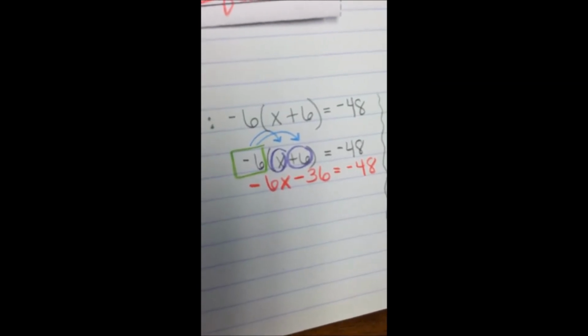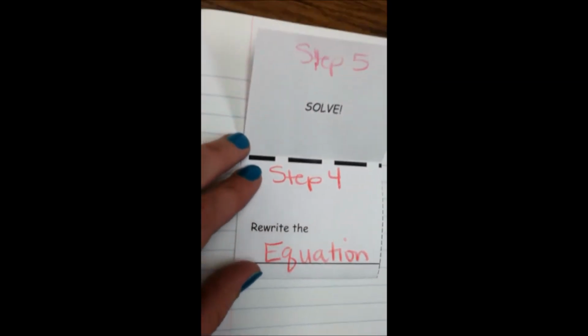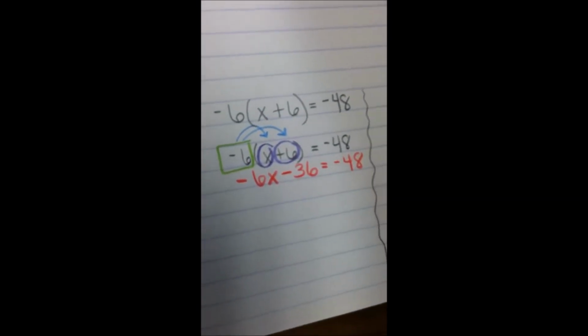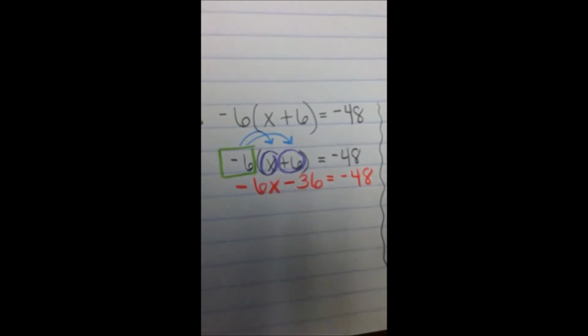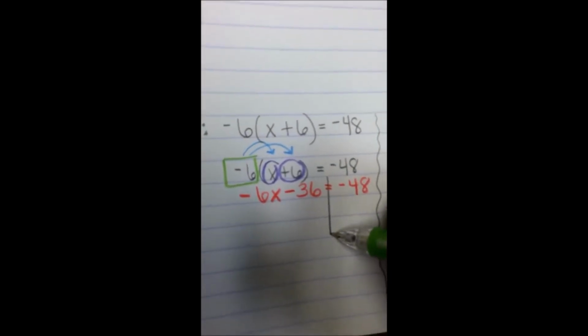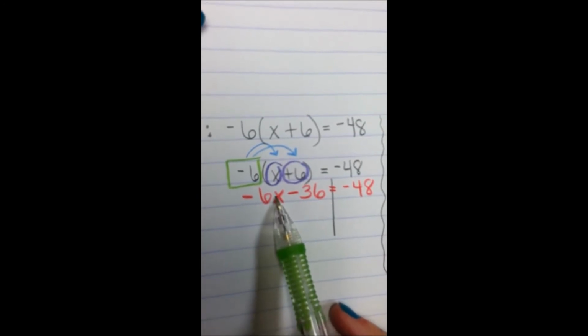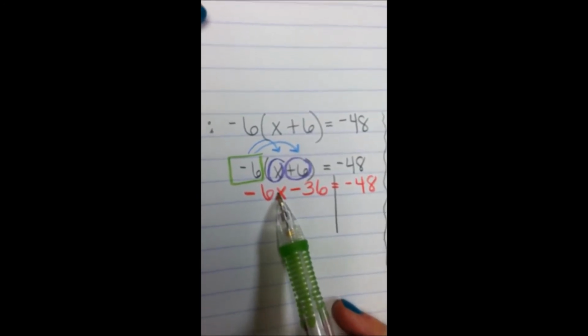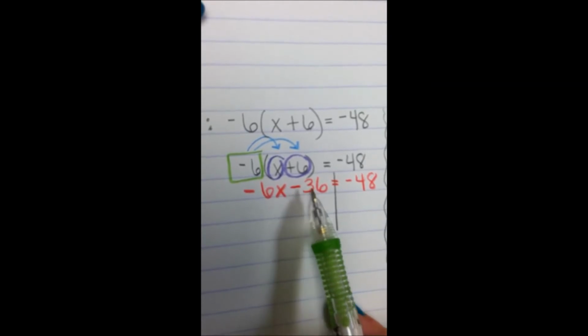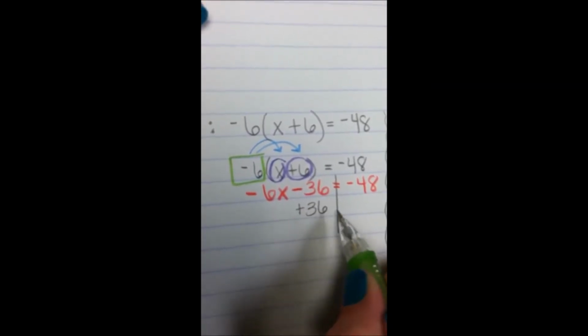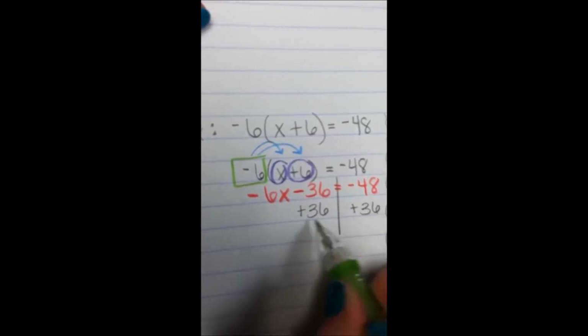Now, it's step 5, which is solve the equation. Okay? So what I'm going to do now is draw my line at the equal sign, put my pencil on my variable, and look for any addition and subtraction. And I see that I have a subtract 36, so I will add 36 because you do the inverse.